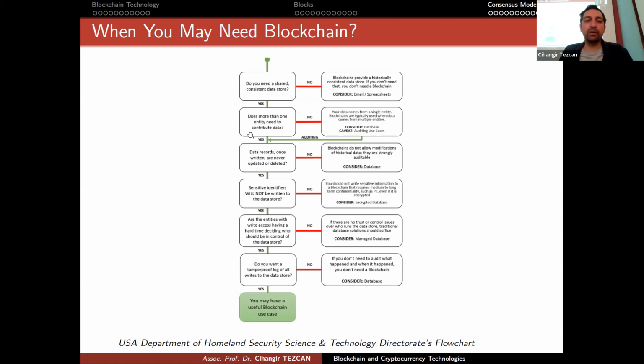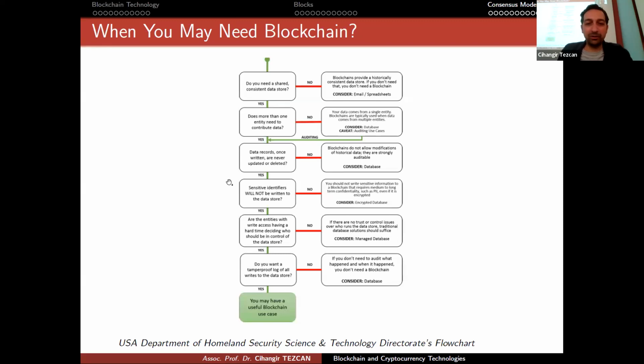This is very important. Almost everybody who came to me wanting to use blockchain in their company answered no to this question. So I said maybe you should just use a database, because otherwise this means you are not trusting yourself, and there's no solution for that. But of course, maybe there's only one entity contributing, but the government wants to audit it or something like this. So if there's auditing, you can continue.